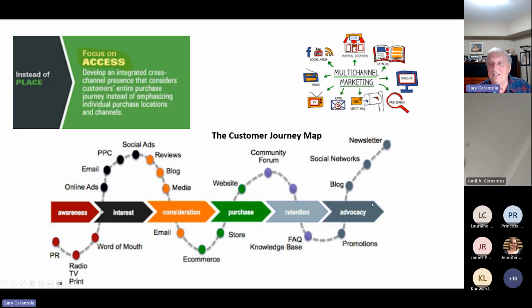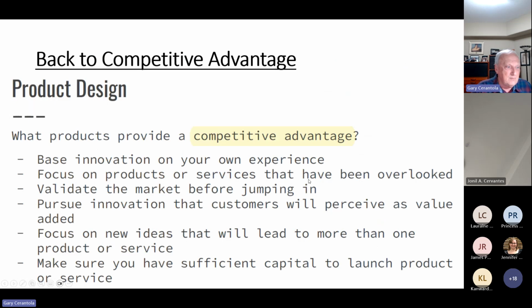And then advocacy helps them get you more customers. So what you're looking at is multi-channel marketing, which is called access. Now the P place really is access. And here are all the different modalities, the vehicles to access them and communicate with them. That's what this customer journey map is all about.